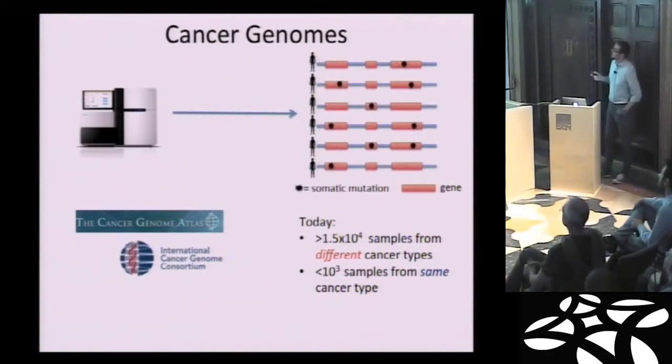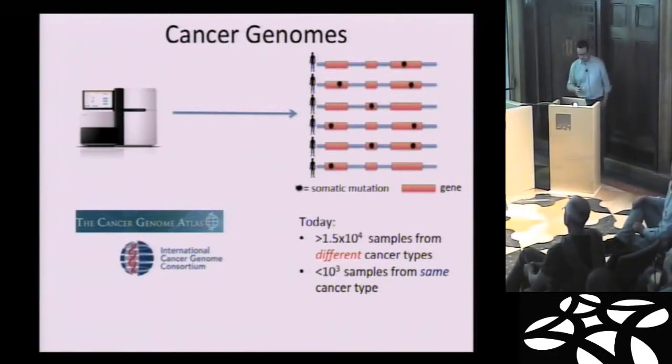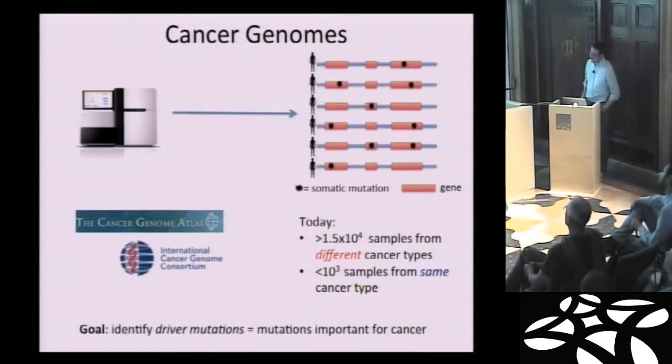Today, there are more than 15,000 samples for different cancer types for which we have measured mutations in the patient. And if we look at one cancer type, there are maybe, if we are optimistic, let's say 1,000 samples for that cancer type. Given all this data, the goal would be to identify the driver mutations, so the mutations that are related to the disease.